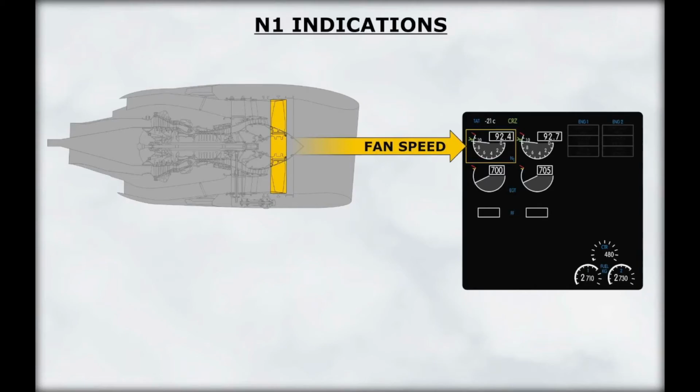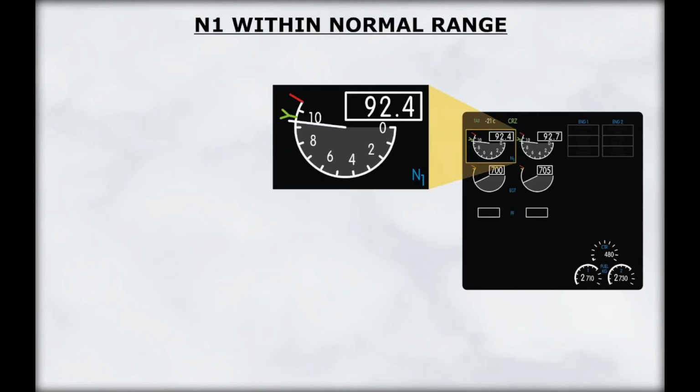The fan speed is displayed on the N1 digital display. The N1 indicator is used as the primary engine thrust reference. It is displayed both in numerical format and in analog format using a pointer and a dial. The normal operating range is displayed in white.